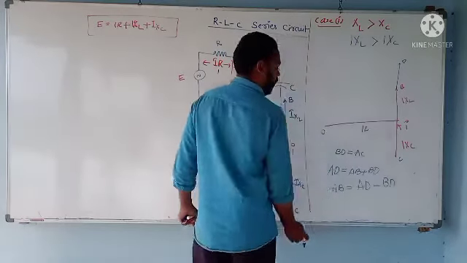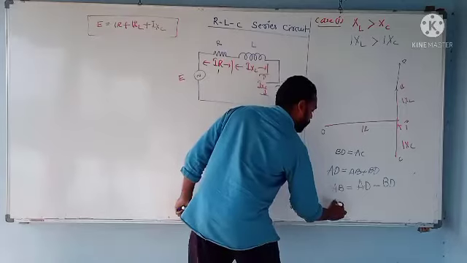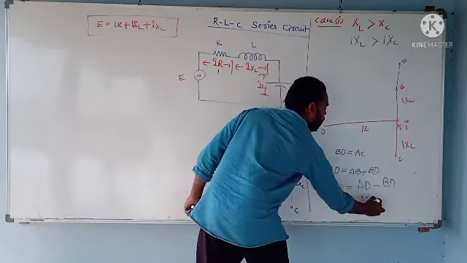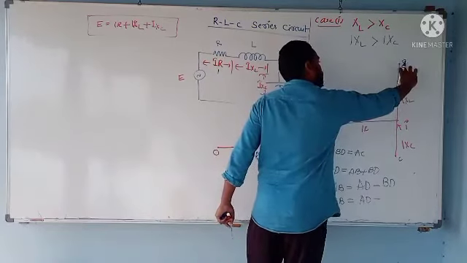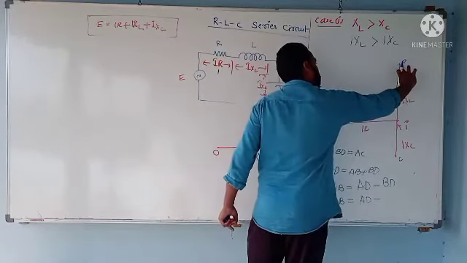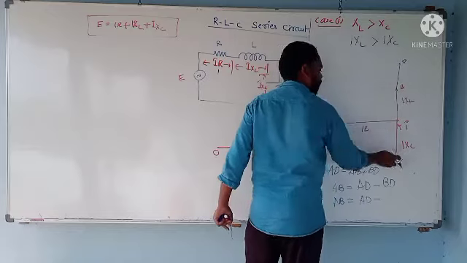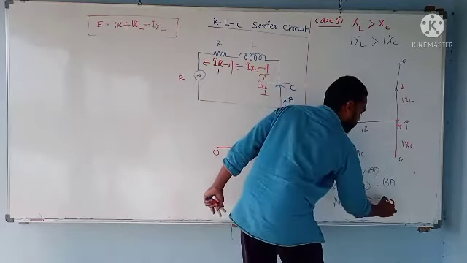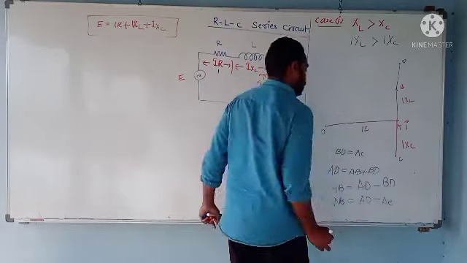Yes or no? Now can I write AB is equal to AD minus BD, or else the magnitude of BD, nothing but the length of this vector, is equal to AC that I assumed already. So instead of BD I can write AC.